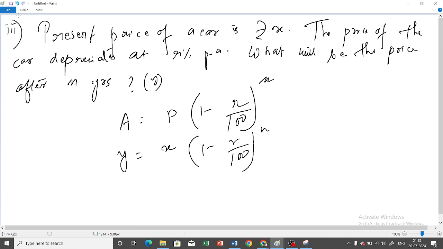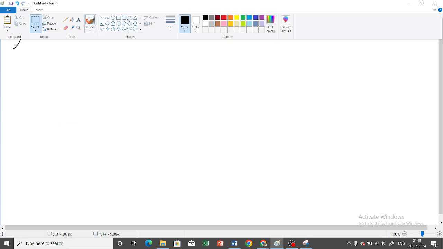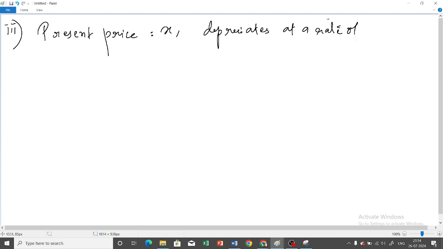Okay. Now the next one. The present price of a car is X. It depreciates at a rate of R% per annum.